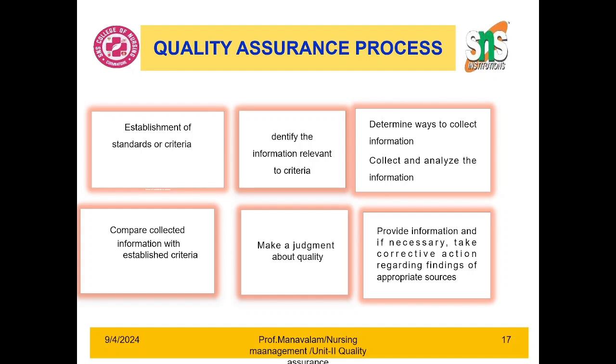Next, we have to determine the way to collect the information that supports the standards or criteria. After determining the way of collecting information, we have to analyze the information. After analyzing, we have to compare whatever information we have collected, whether it matches the established criteria.